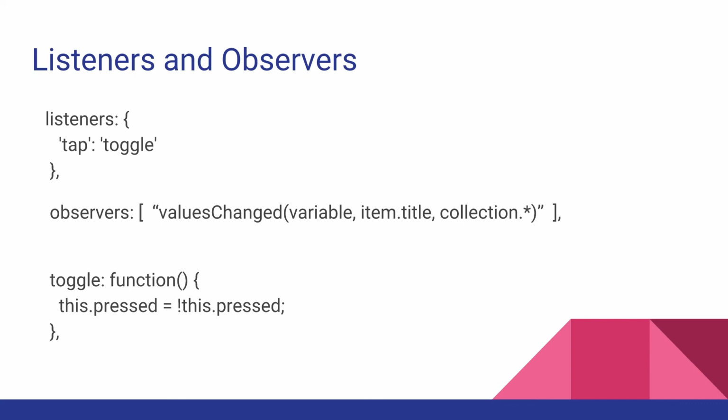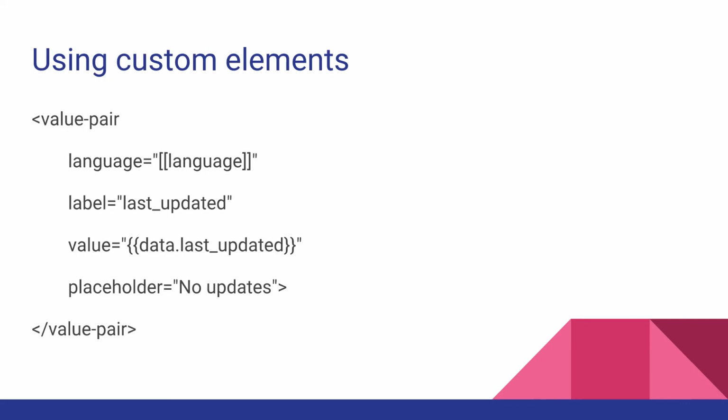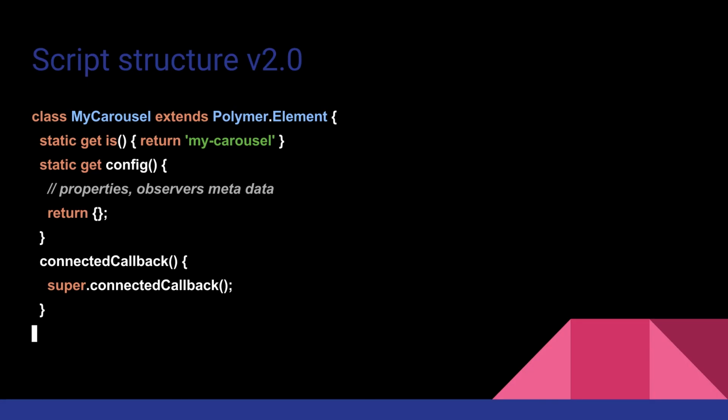Then that function will run, which is very powerful. So this is the way we use it: square brackets for one-way binding and curly brackets for two-way bound values. Not much to say there.